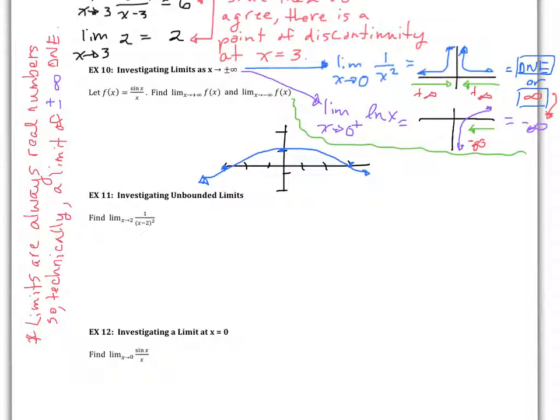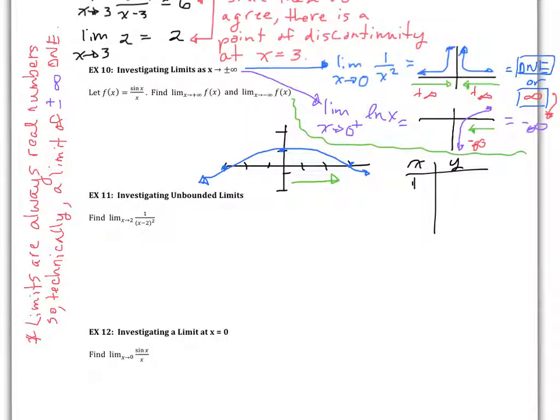But let's look at our table of values. I want to see what happens as x approaches positive infinity, so we're going to the right. That means our numbers are getting bigger and bigger and bigger. So go to your table of values and put in the number 1.